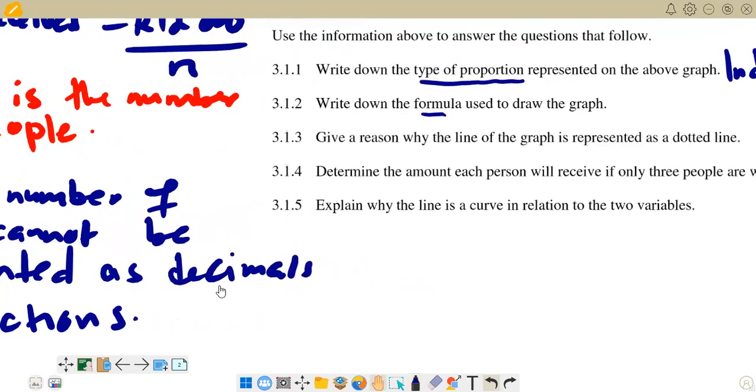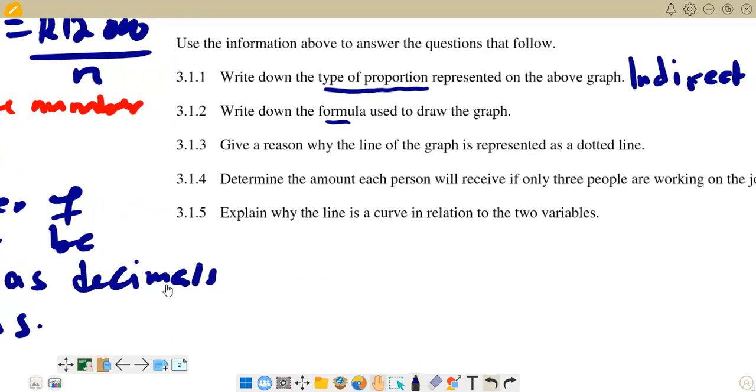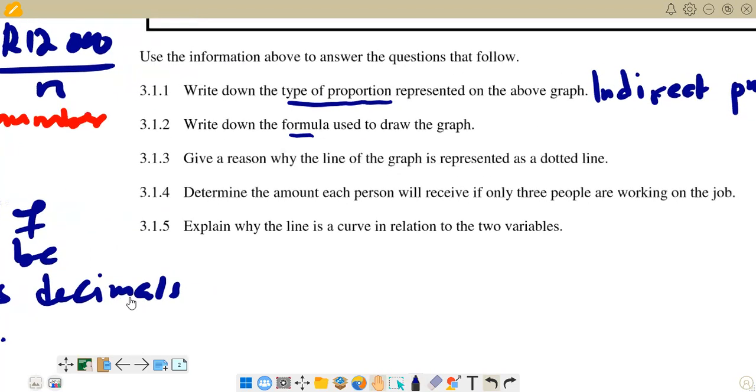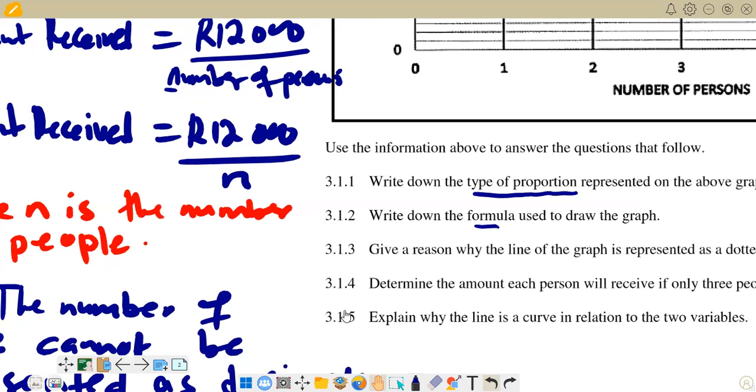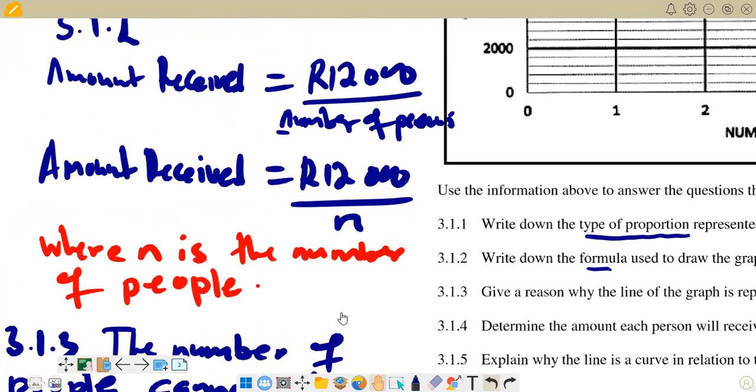So we are now on 3.1.4, and you see that 3.1.4 is saying determine the amount each person will receive if only 3 people are working on the job. So we can go back to our formula that we deduced. Remember the formula that we had there.